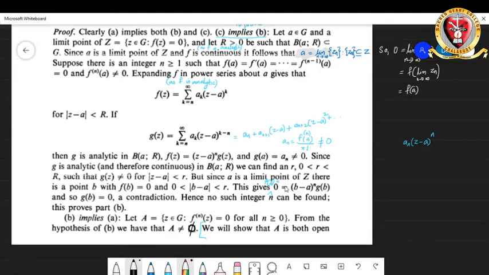And we know that f(b) is equal to 0. We are saying that there exists a point b such that f(b) is equal to 0. So 0 equals (b minus a) the whole raised to n into g(b), and b and a are distinct, so that means g(b) is equal to 0, which is a contradiction.